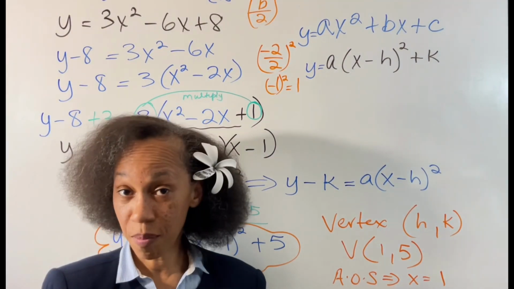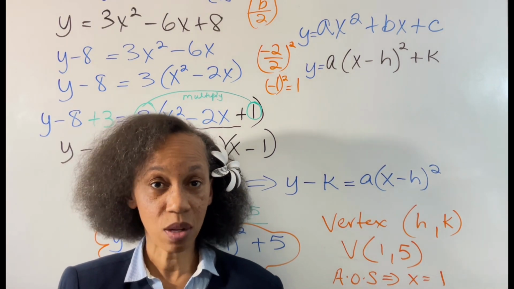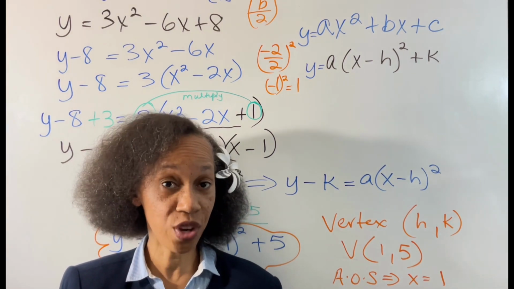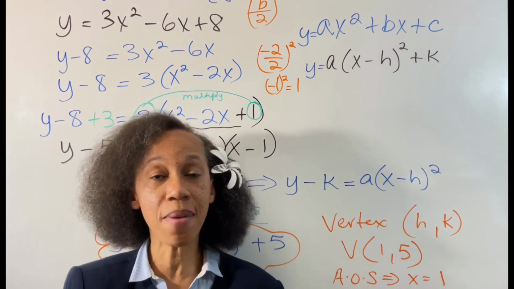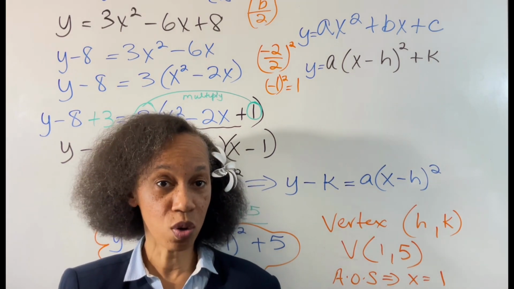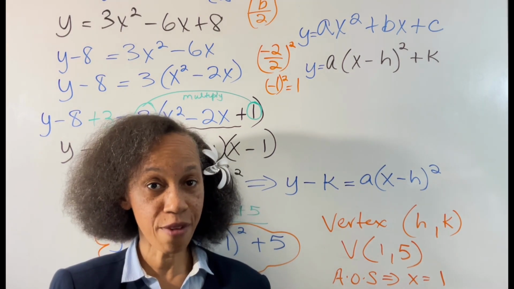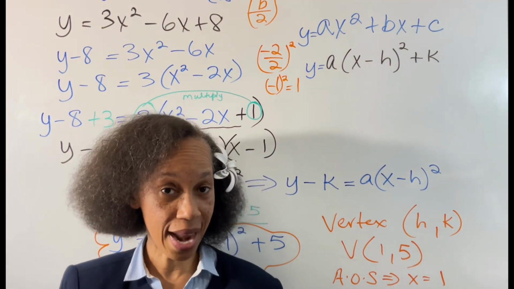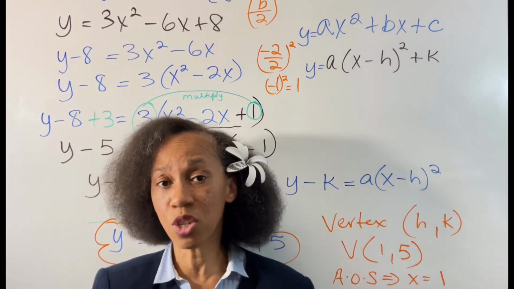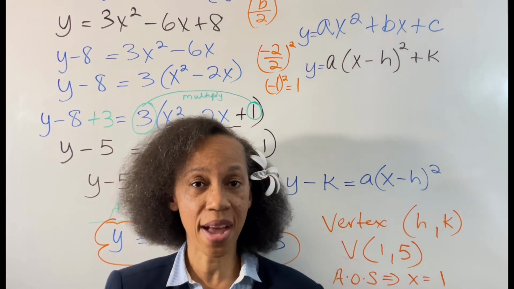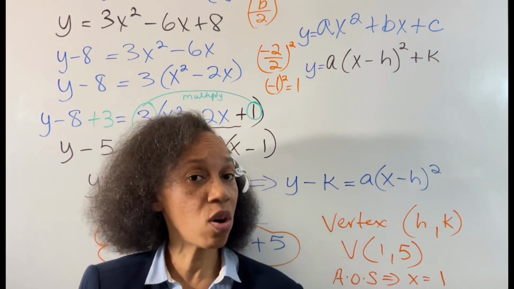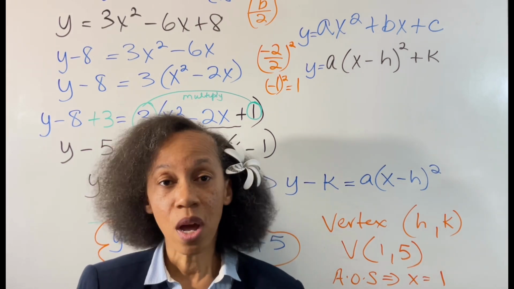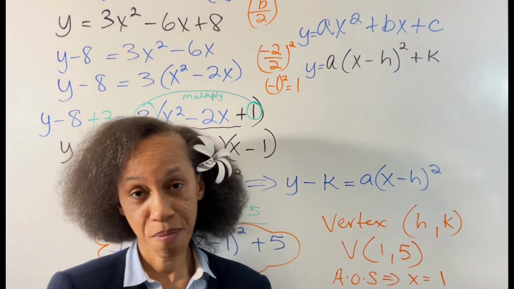X equal a number is going to be your AOS, or the axis of symmetry, and that is going to be a mirror image of what the graph looks like, meaning what is on the left of that line is also going to be the same thing on the right of that line. These are the things that you need to know when you are identifying certain things about your graph, and it can also help you to graph based on this information.